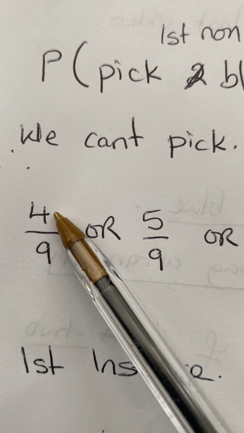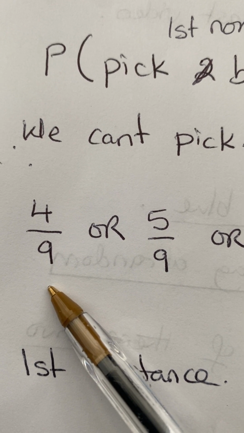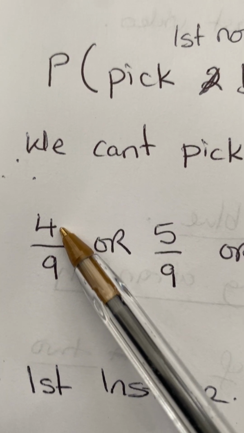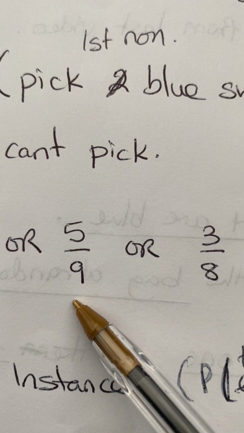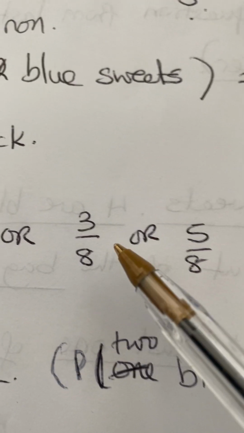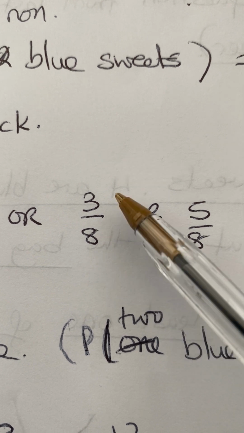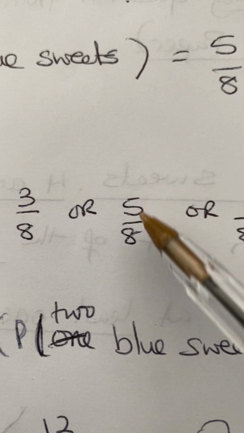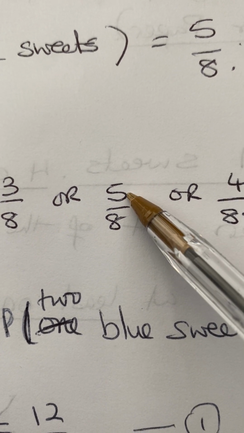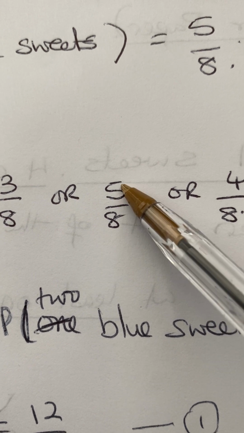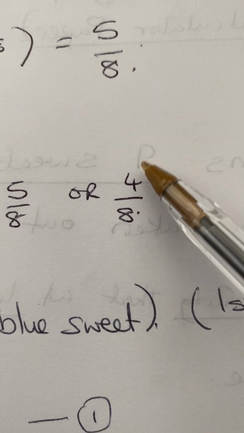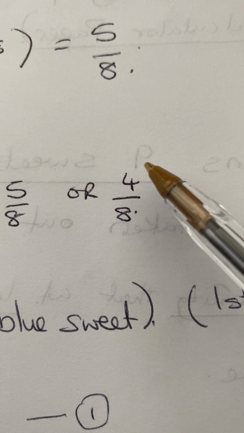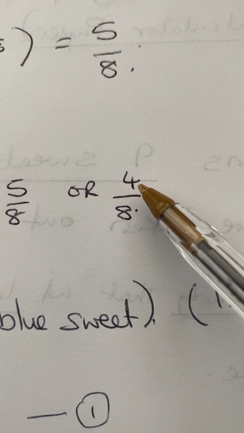So your options will be 4/9, where your first pick is a blue, 5/9, where your first pick is a non-blue, 3/8, where your second pick is a blue, 5/8, where your second pick is a blue, because it's reduced by 1, or 4/8, where your second pick will be non-blue.